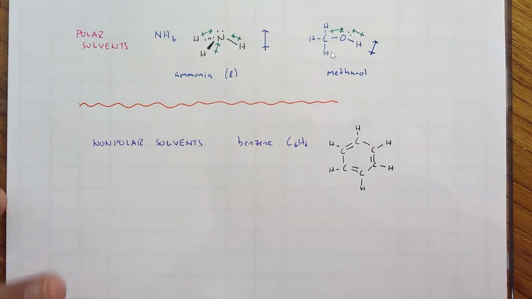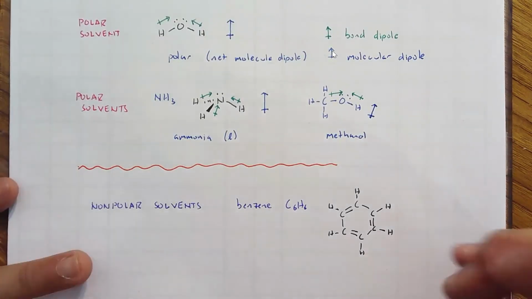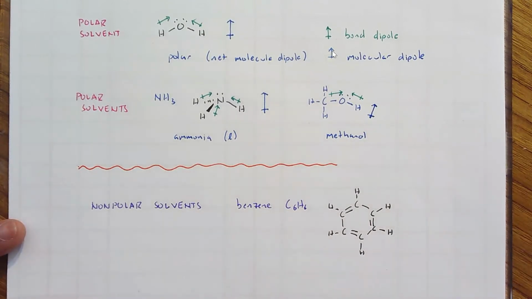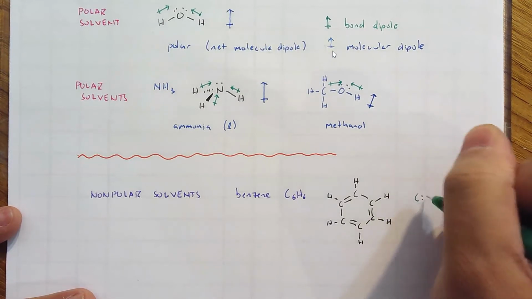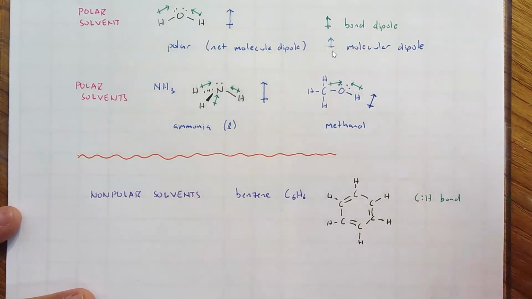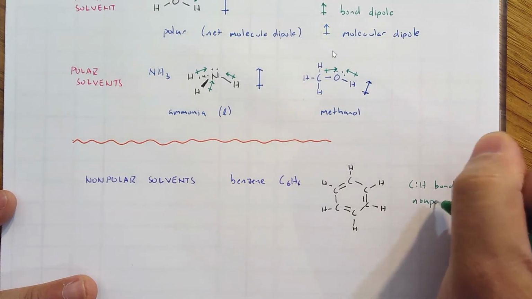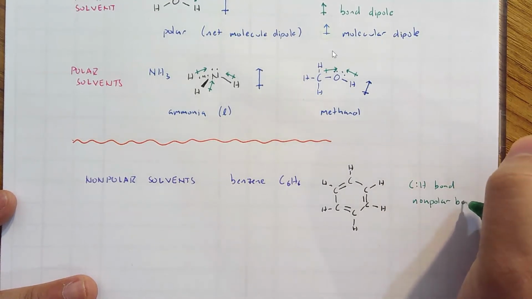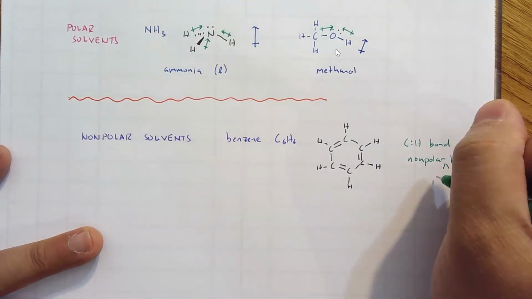What makes it nonpolar? What makes it different than the others? We don't have a net molecular dipole because we should remember that a C-H bond is considered a nonpolar bond. You might know it as a nonpolar covalent bond.